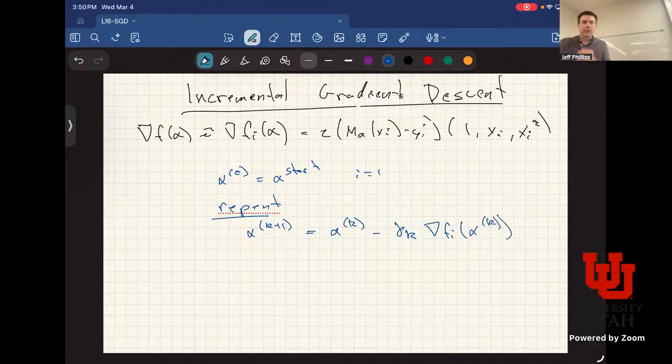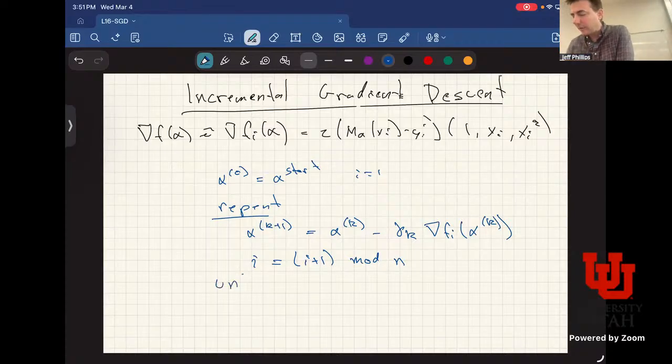I update i in the next step to i plus 1 mod n. Once I get to the nth data point, I loop back to the first one again. So every step I look at the next data point in order, and I use that to estimate the gradient.